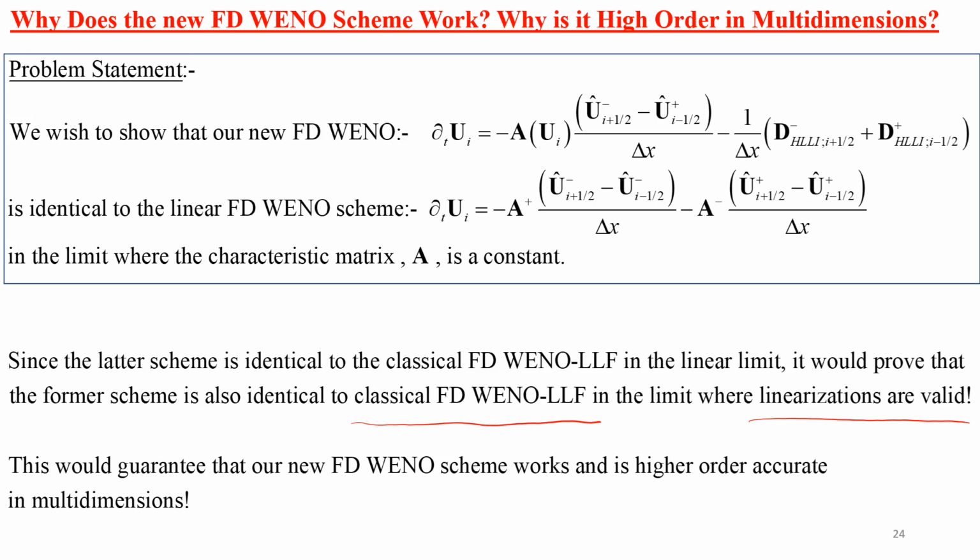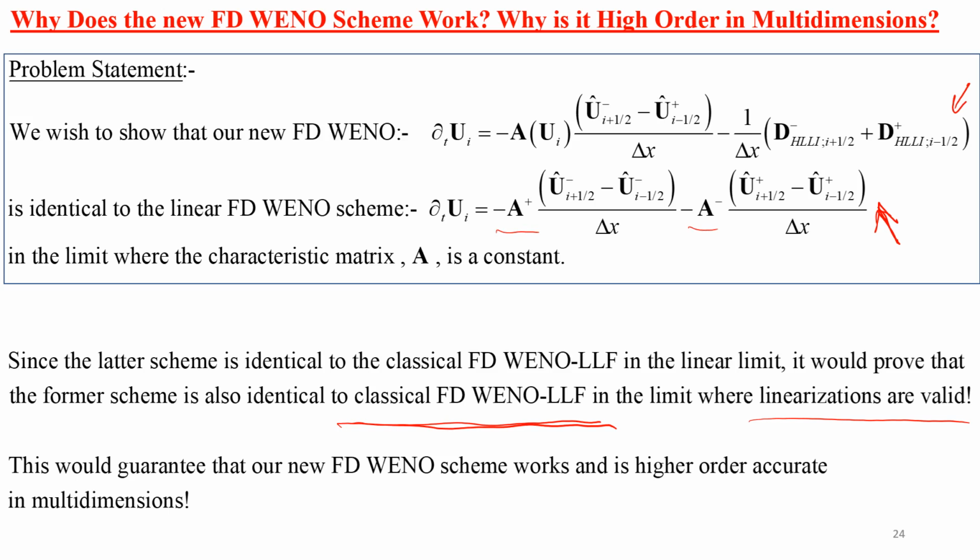So this is our actual new proposed scheme. This is the scheme that we got by just our little conceptual thinking that we had done in a prior section, two sections before, and we know that this scheme is essentially identical to the classical finite difference WENO LLF scheme in the limit where A is a constant matrix, or in the limit where A plus and A minus are constant matrices.